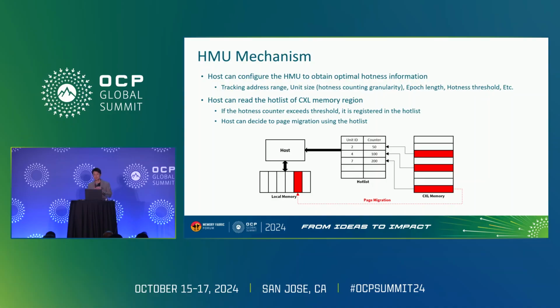Then when the hotness counter for a memory unit reaches the hotness threshold, our HMU can register that counter value to the hot list, and then the host can access the hot list information and decide whether to initiate the page migration from CXL to the local memory.